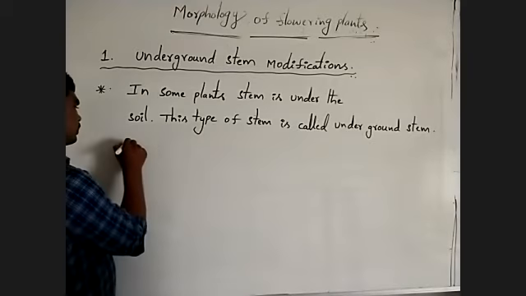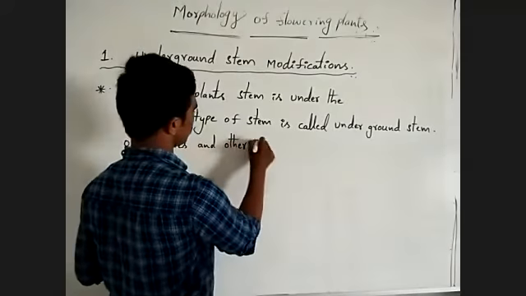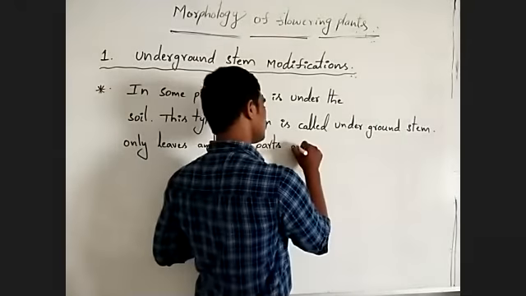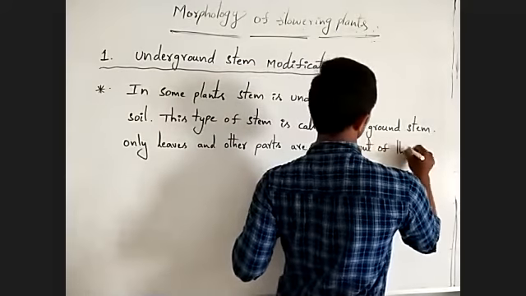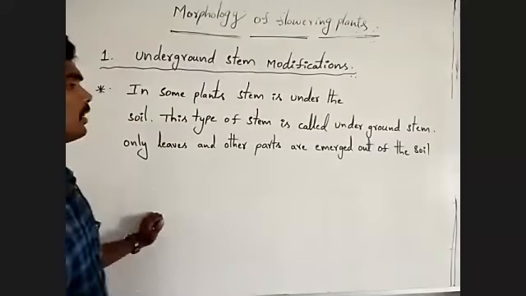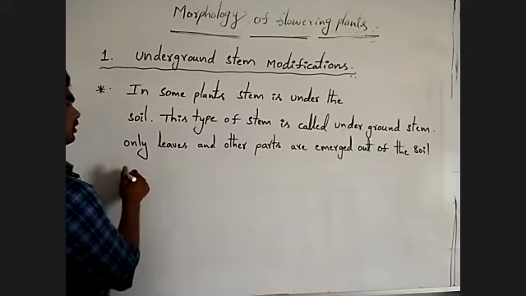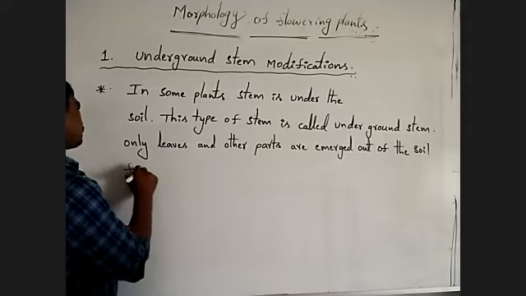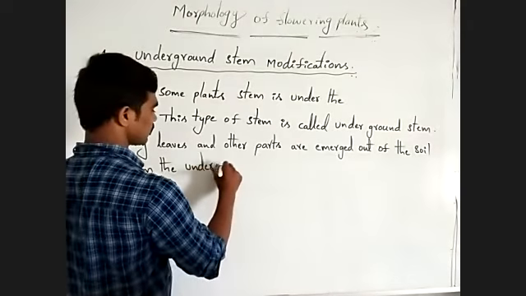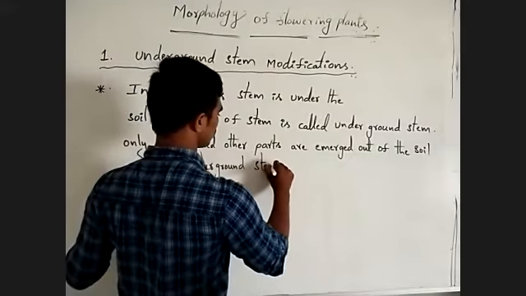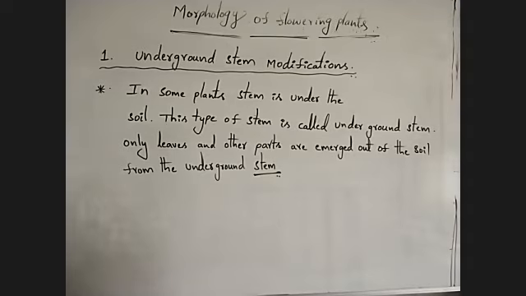Understanding? Only leaves and other parts are emerged out of the soil from the underground stem. Observe carefully.